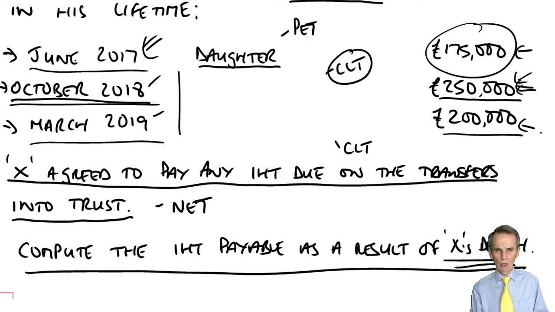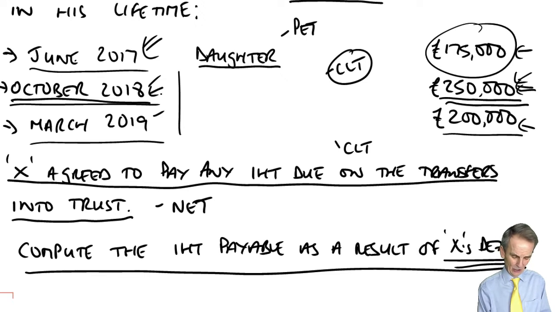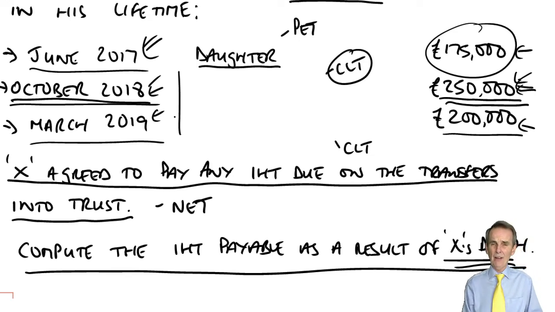Remember, this is a cumulative donor-based tax. Added on to what will still be a gross figure of £250,000 for the earlier October 18 CLT. Well, when we tax this March 19 CLT, there will be what? 75,000 of the 325 nil rate band still available.